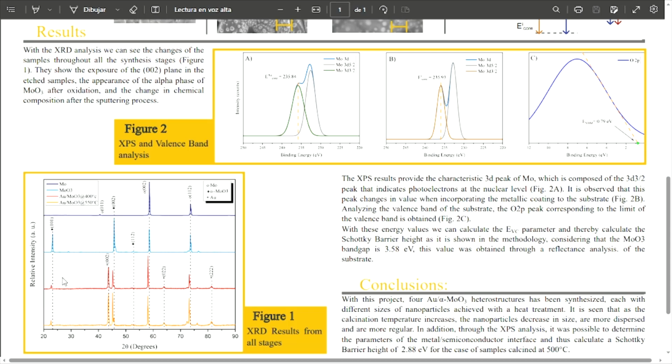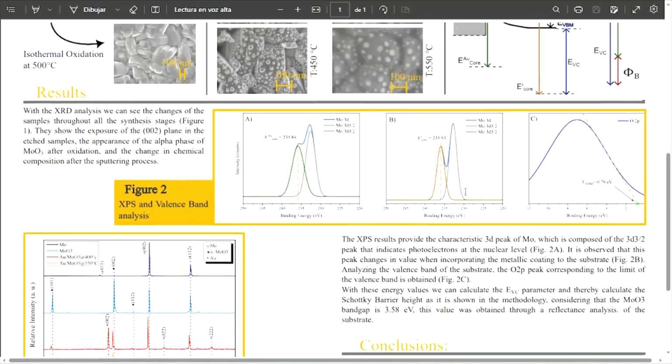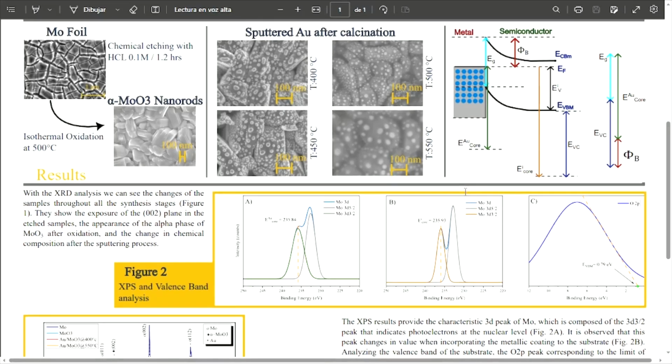Later, once the sputtering and calcination are done, again we can appreciate a chemical change due to the presence of the planes for gold nanoparticles, which are more intense, as we can see, as the temperature of calcination is increased. Now, to analyze the Schottky barrier height, it is necessary to acquire the parameters seen in the methodology section.